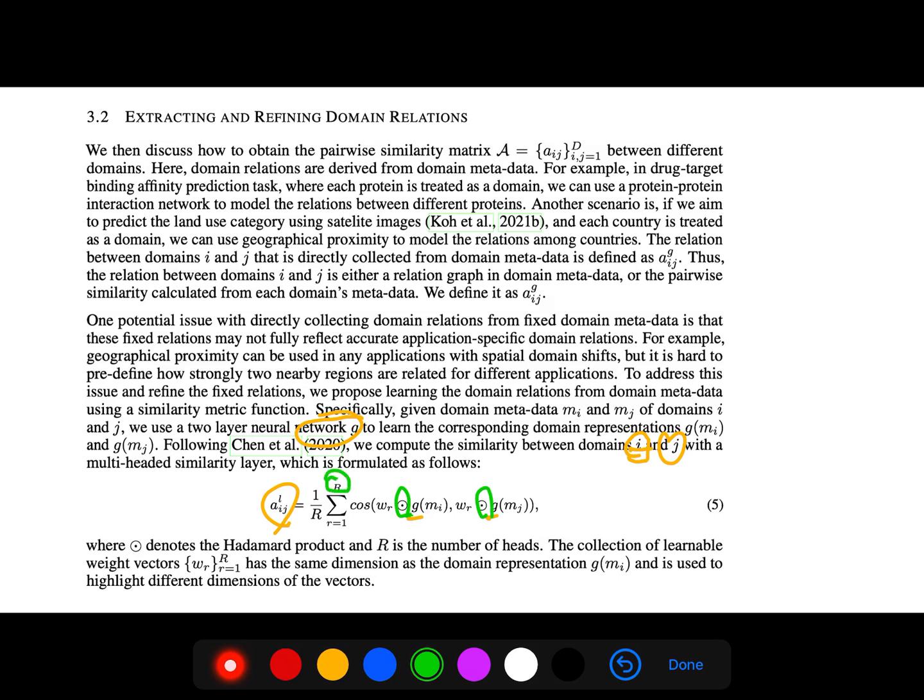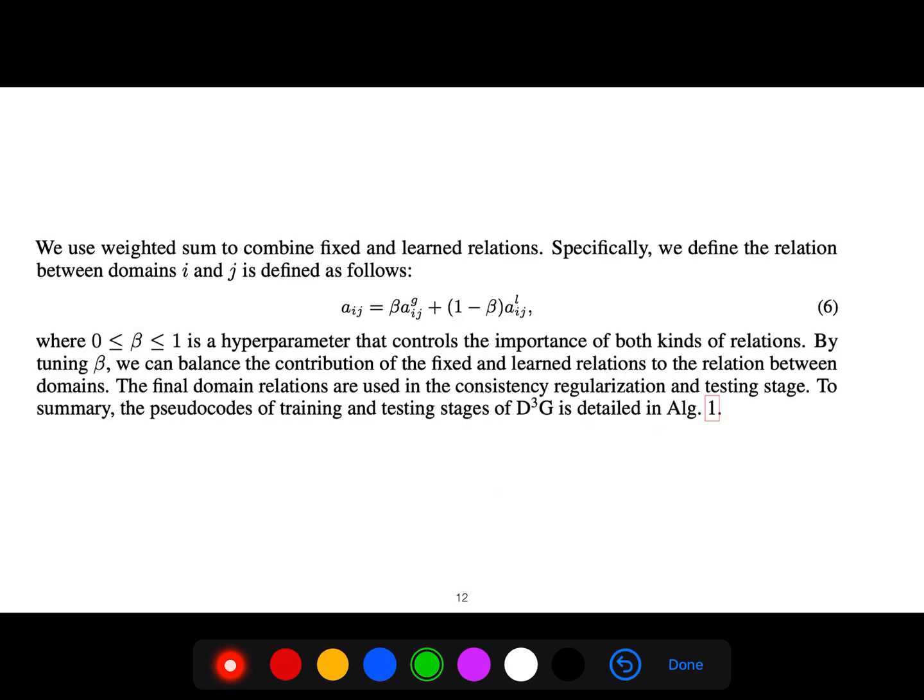And the summation over R is over the number of heads, because each head is one domain. We use a weighted sum to combine the fixed and learned relations. Finally, the relation is just a linear combination of fixed and learned relations.